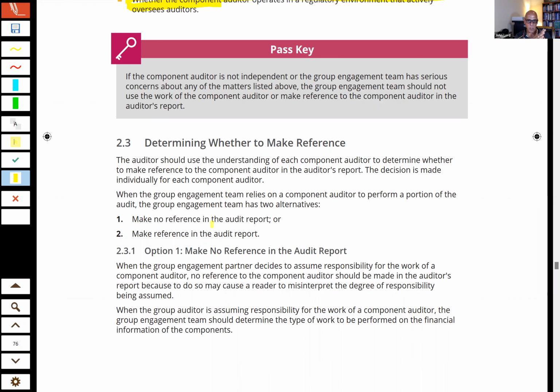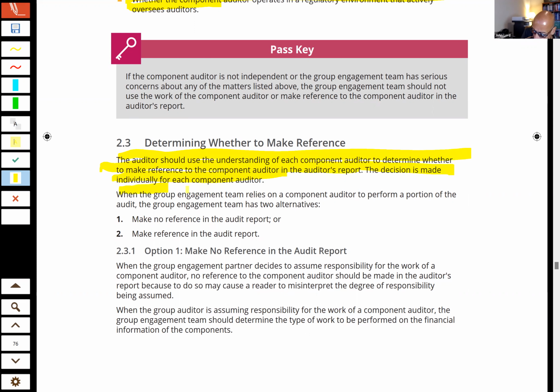It sounds as though GAO takes the entire responsibility for the consolidated financial statements, even though there were other auditors involved. When you read the report, you don't necessarily know about those other auditors. The auditor should understand each component and determine whether or not to make reference. The decision is made individually for each component auditor.